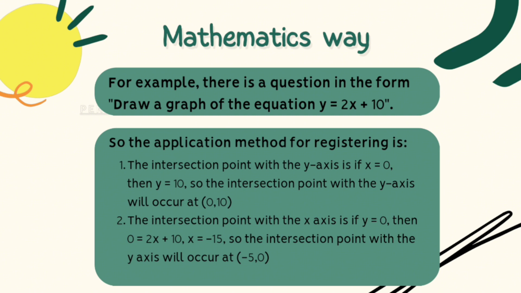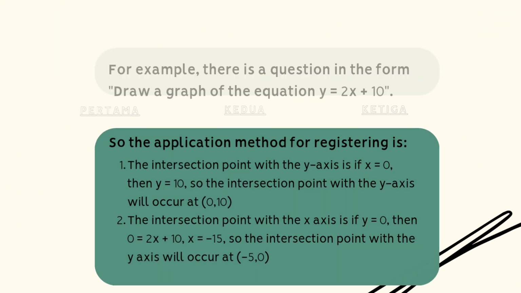So the intersection point with the y-axis will occur at (0, 10). Number 2, the intersection point with the x-axis is if y equals 0, then 0 equals 2x plus 10, x equals minus 5. So the intersection point with the x-axis will occur at (-5, 0).